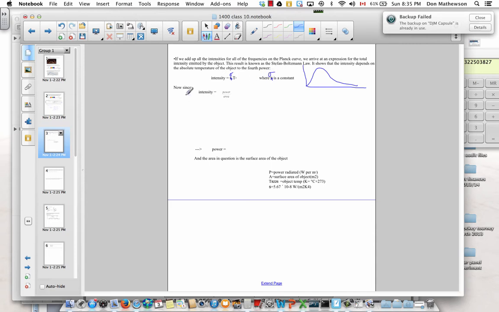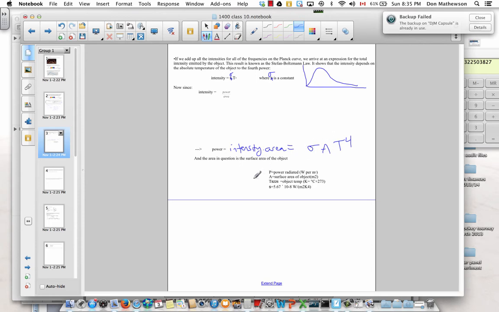Now, intensity, you may recall, is the ratio of power to area. So a power is an intensity times an area. And so the result we get from calculus is the intensity is sigma T to the fourth, and then we multiply that by an area. That area is the surface area of the object.